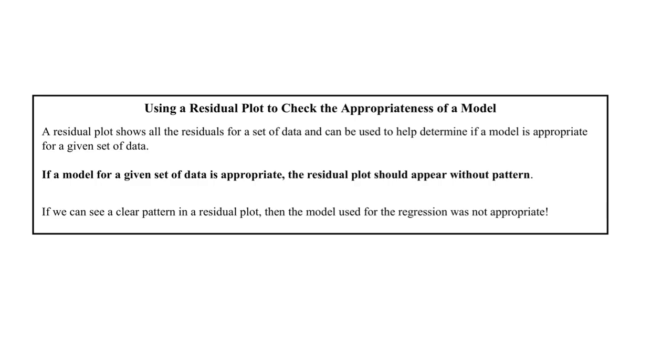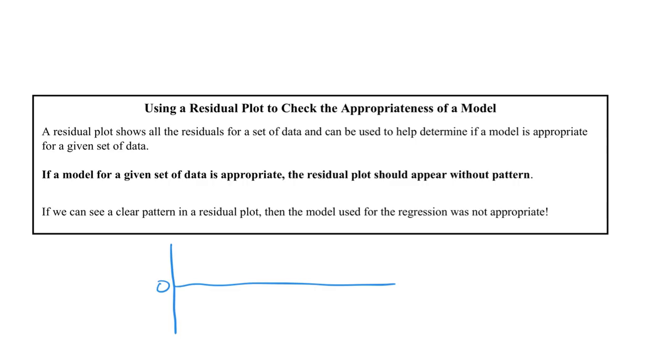So we have this thing called a residual plot, okay? And we can use it to check the appropriateness of a model. So when we have a residual plot, it's basically going to be a graph that looks like that, and this would be 0. So if I had all of my dots, remember I'm plotting the residuals, okay? So if the residual is on the line, the difference will be 0, right?